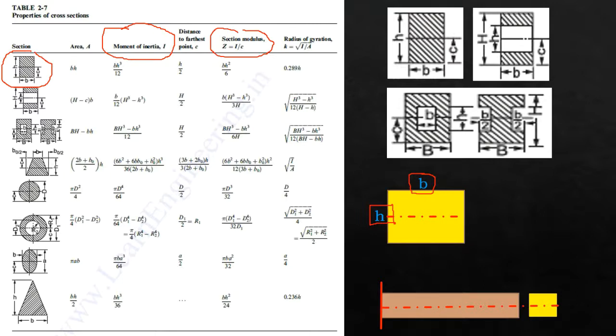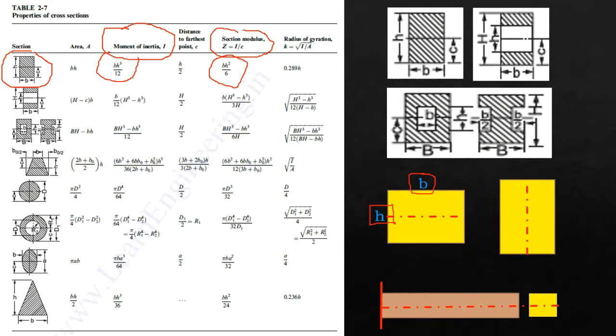We will consider dimension B always parallel to the axis, and the height H or the depth H always perpendicular to the axis. So in this formula BH square by 6, it is clearly said that the parallel dimension multiplied by the perpendicular dimension square by 6. Similarly, similar terms will be used while calculating moment of inertia.